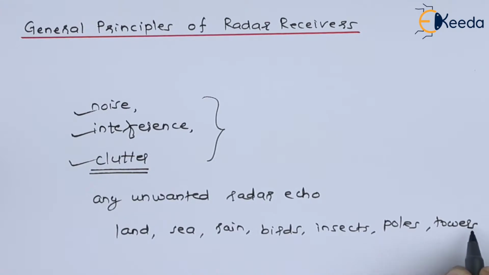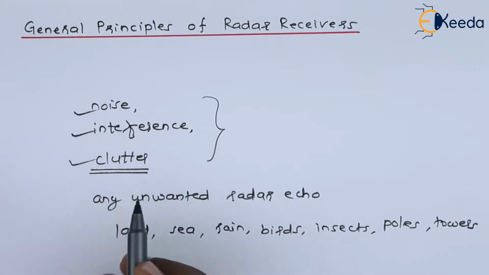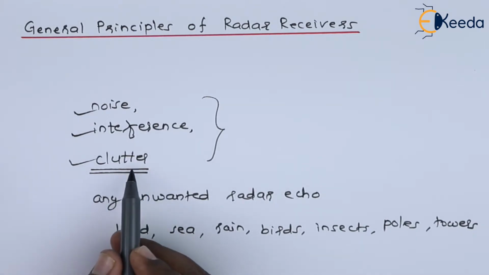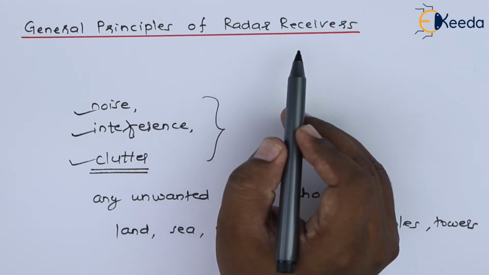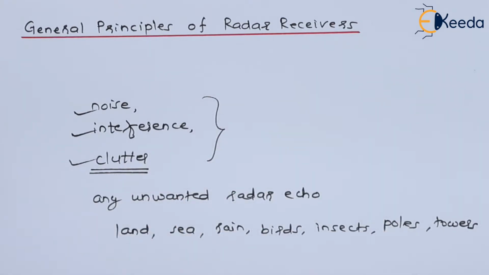These are the various objects in our surroundings, and this completes our nature. Whatever natural reflections come from these are not wanted signals, so they are all accounted for in the term clutter, which is the unwanted thing. At the time of designing radar receivers, we have to consider all these three factors.